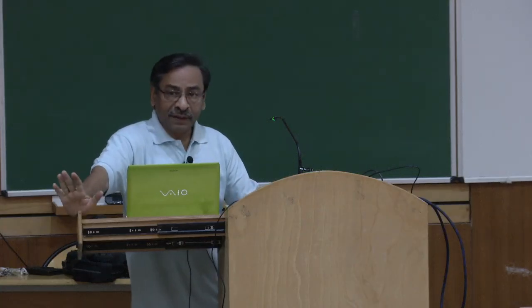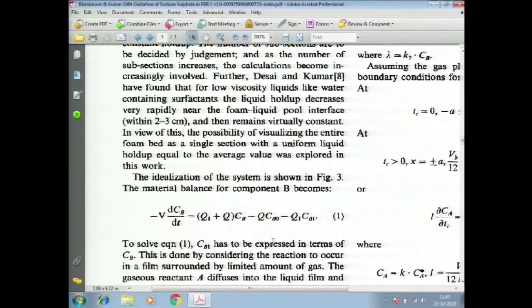You can have steady state with respect to mass transfer and reaction also, and this term can be 0, in which case you will need to have all of these balancing. So whatever is coming in, which is Q times Cb0 and Q1 Cb1, will have to be balanced by this.